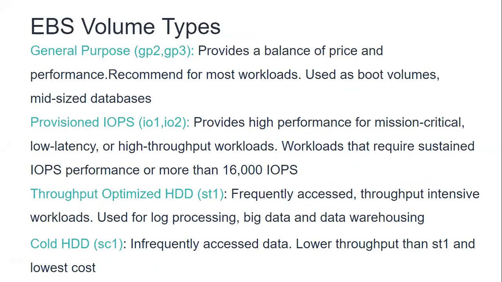Okay. So I mentioned somewhere in my presentation that a current generation of a volume type would usually give you better performance and is more cost effective than a previous generation, right? So if you want the best performance, you use IO2. They all have performance ranges. I just didn't add them.